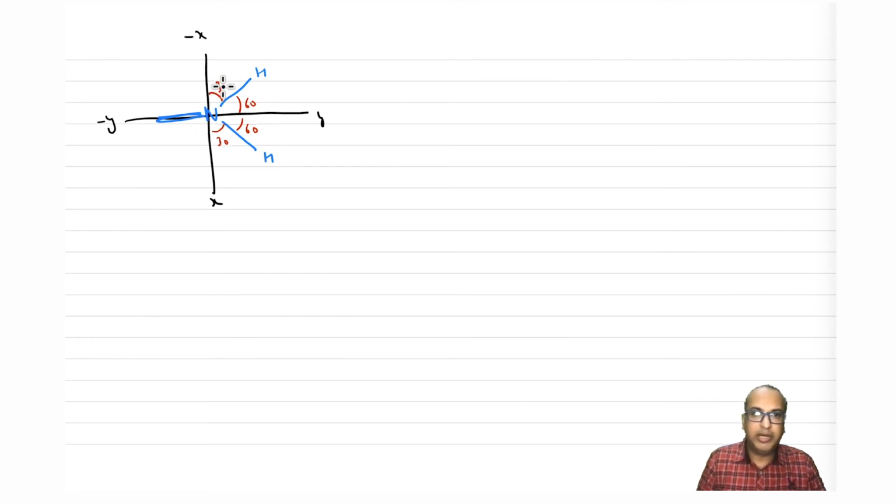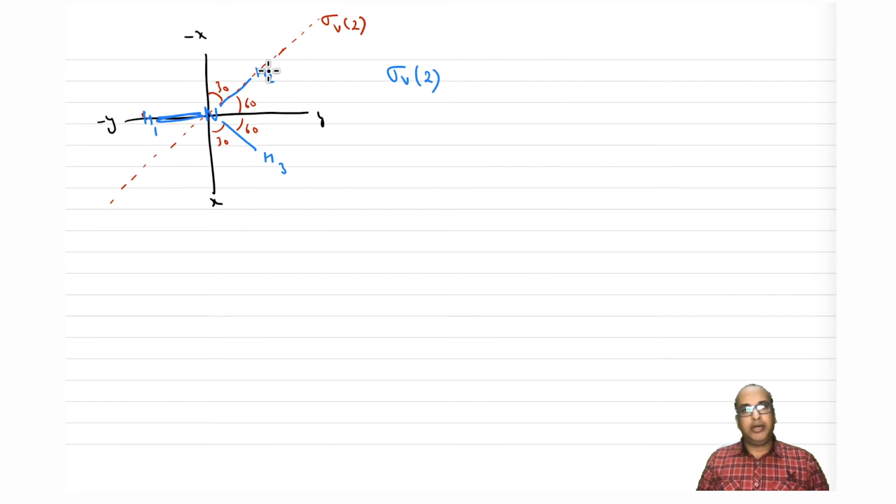This will be 30 degrees. And we are trying to write for sigma v2, a plane which is actually passing through this NH2 bond. This is my sigma v2, right?